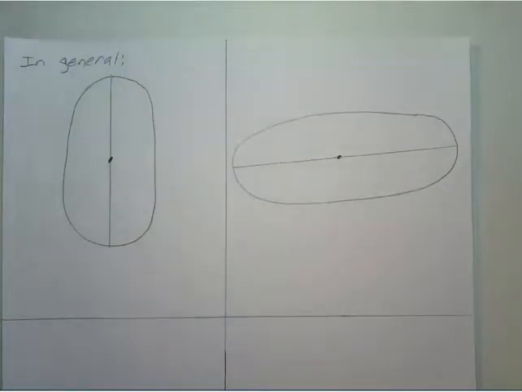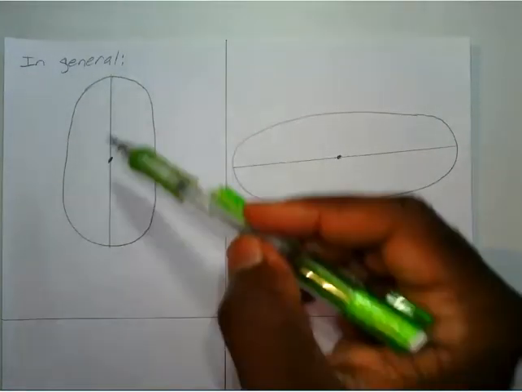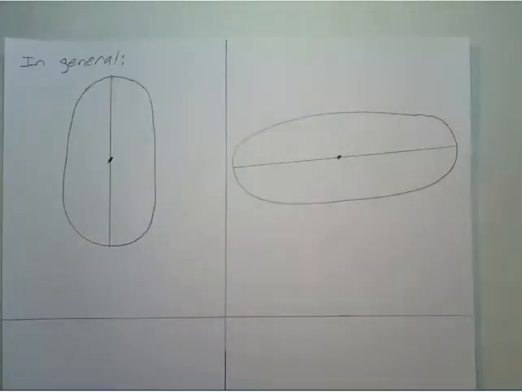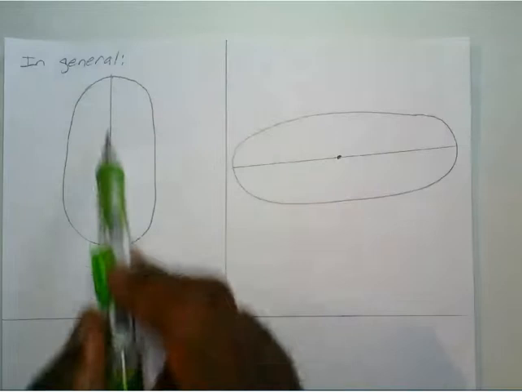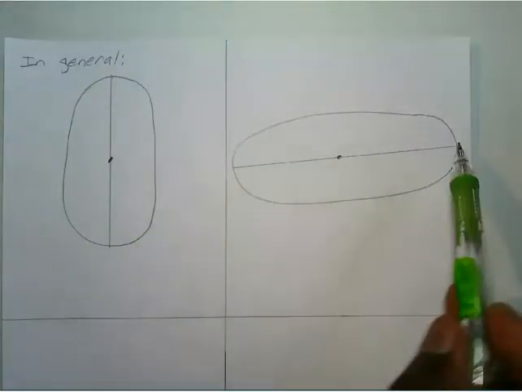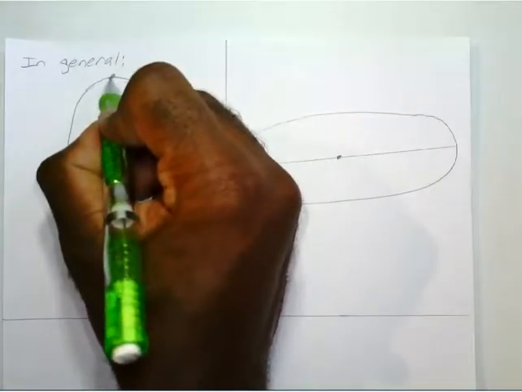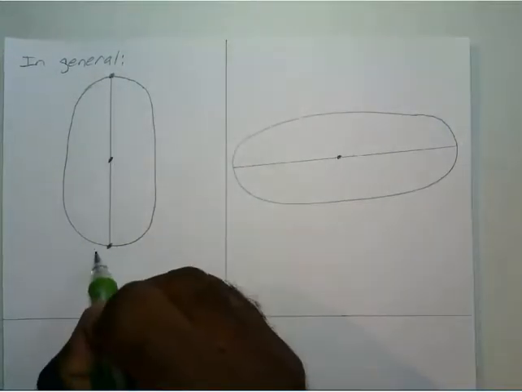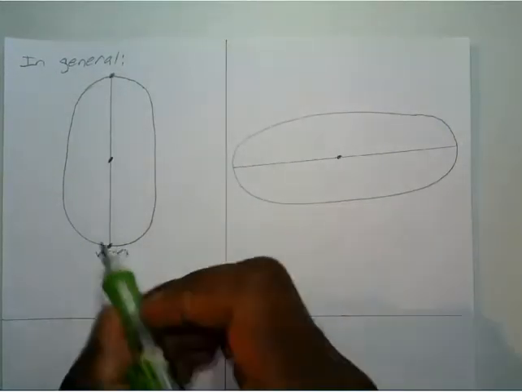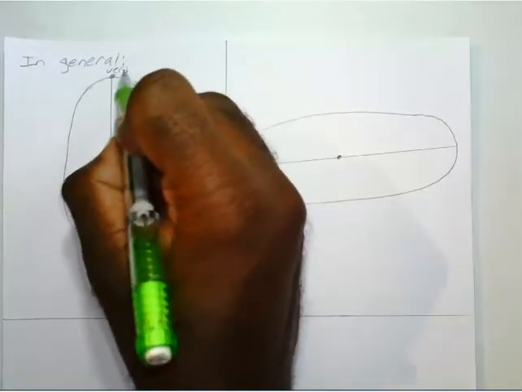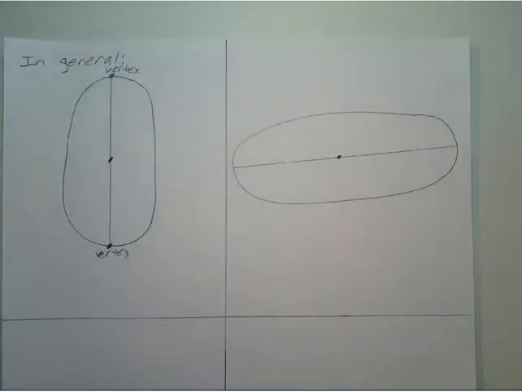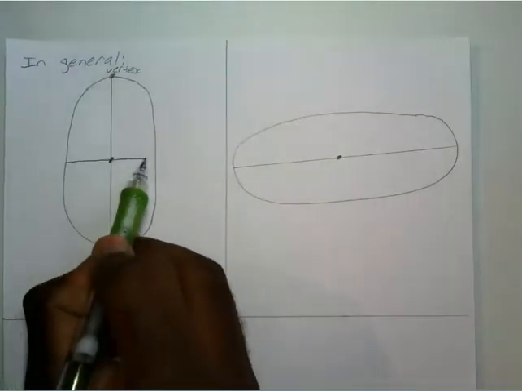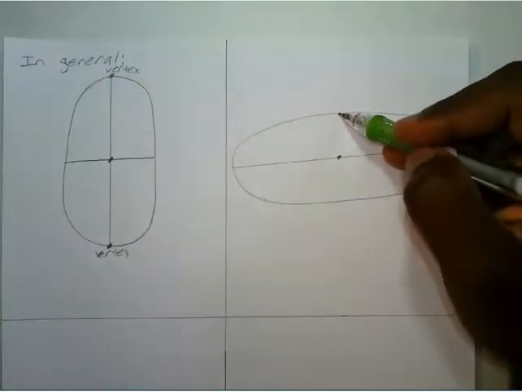All right, so once again, remember that this is elongated vertically, this is elongated horizontally. This is your major axis, and this is your major axis. So at the ends of your major axis is your vertex. Now remember, this is your minor axis, and this is your minor axis.